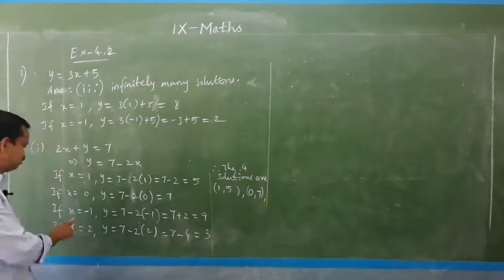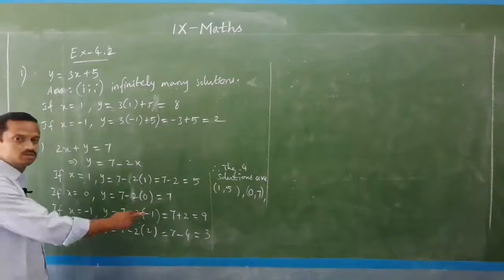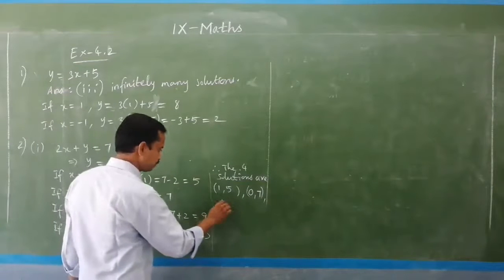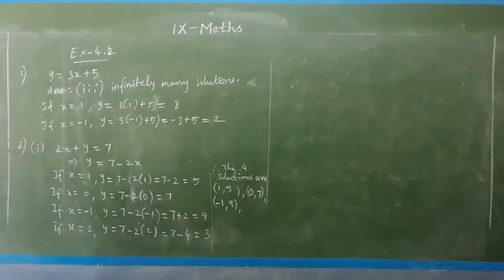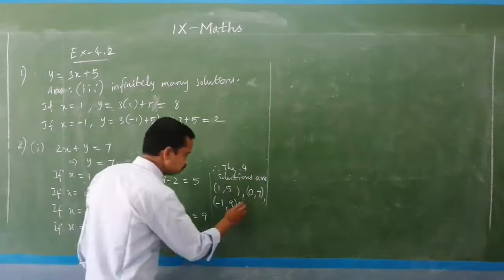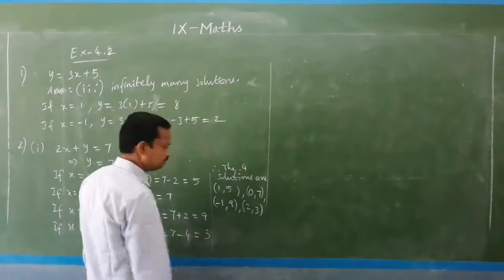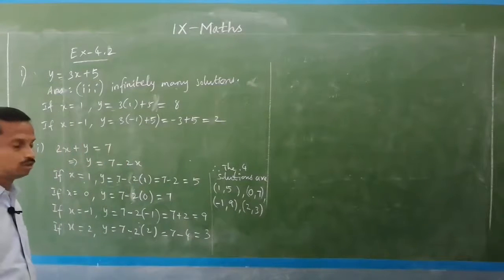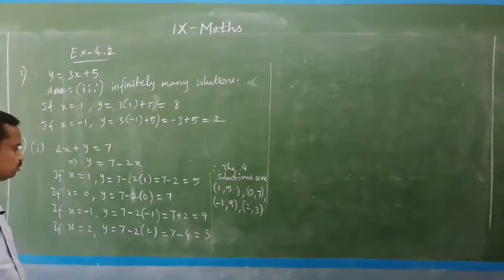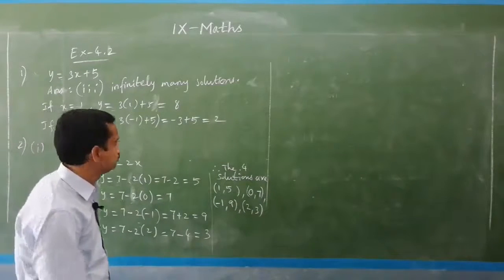If x is minus 1, then y is 9. And the fourth one, if x is 2, then y is 3. Like that we can find so many solutions, but here they are asking only 4. So, that is all the solutions.